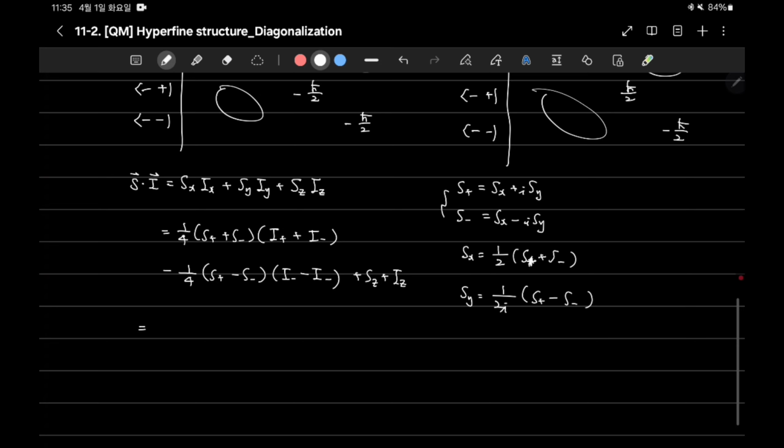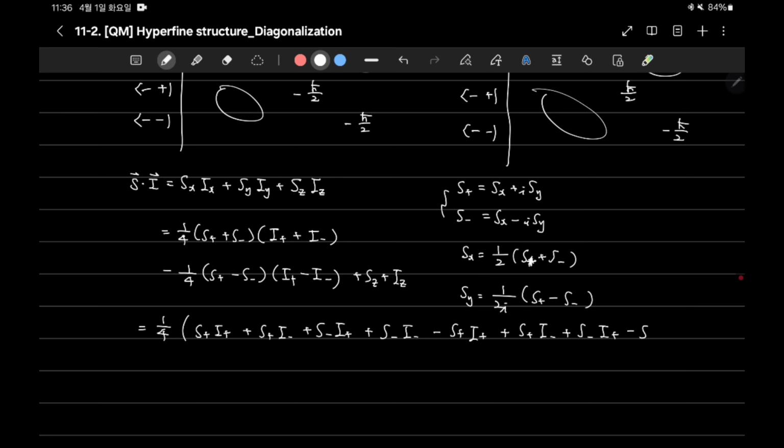When you calculate this, it is 1/4 of s plus i plus, s plus i minus, s minus i plus, s minus i minus, and the second term minus s plus i plus, plus s plus i minus, plus s minus i plus, minus s minus i minus, and plus sgig.